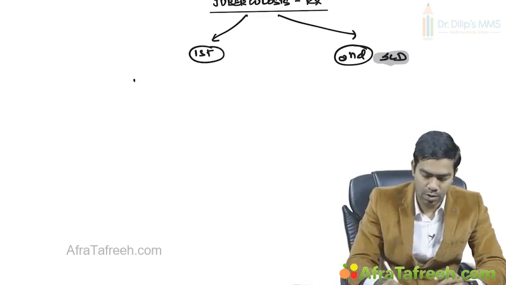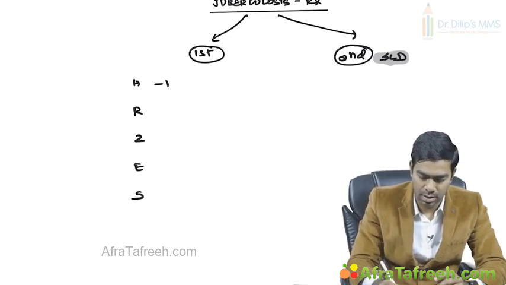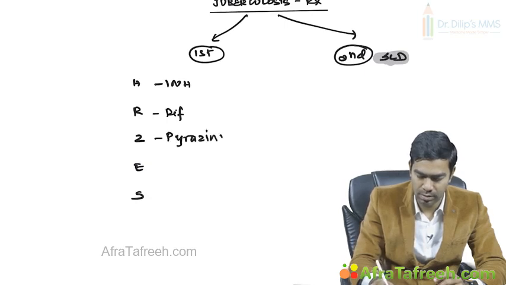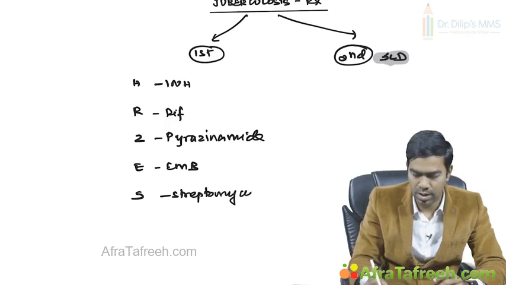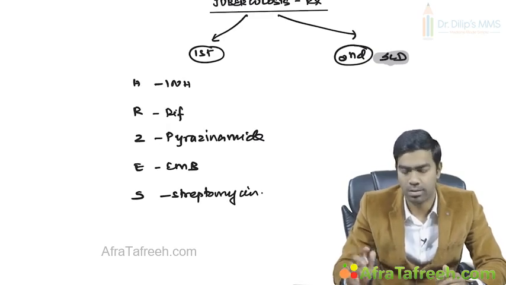First line drugs, we all know the famous HRZES: isoniazid, rifampicin, pyrazinamide, ethambutol and streptomycin, right? So these are your famous first line drugs.